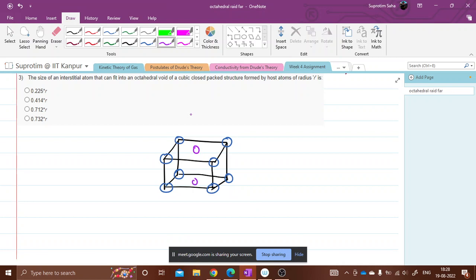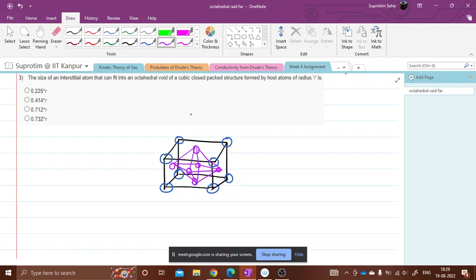This is this, this is this, and this is this. All right, so we found that these have to be connected, and this is the pattern we get. This also. Now this is your octahedron.